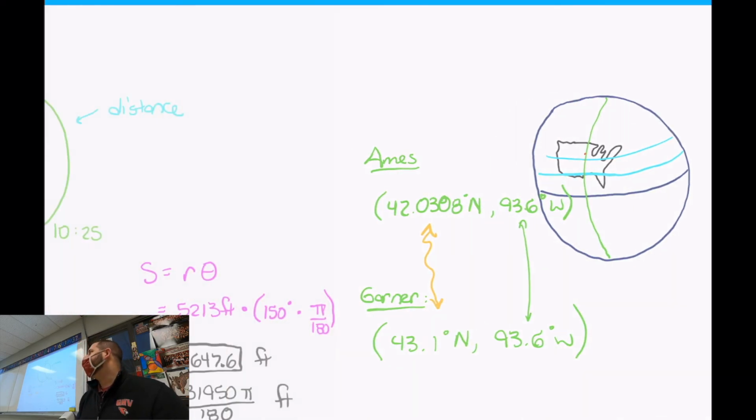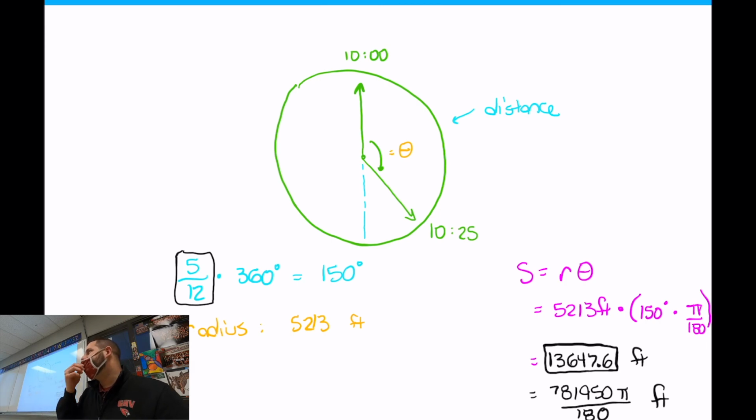You have to calculate the angle that your clock hand is traveling at. Figure out which mark you'd land on the clock, divided by 12 to figure out what your angle is. Take it times 360. Then plug in your radius and go from there. So I'm just going to leave this on the board because this is my example. But you can do this for minutes or hour hands or whatever you want to do.